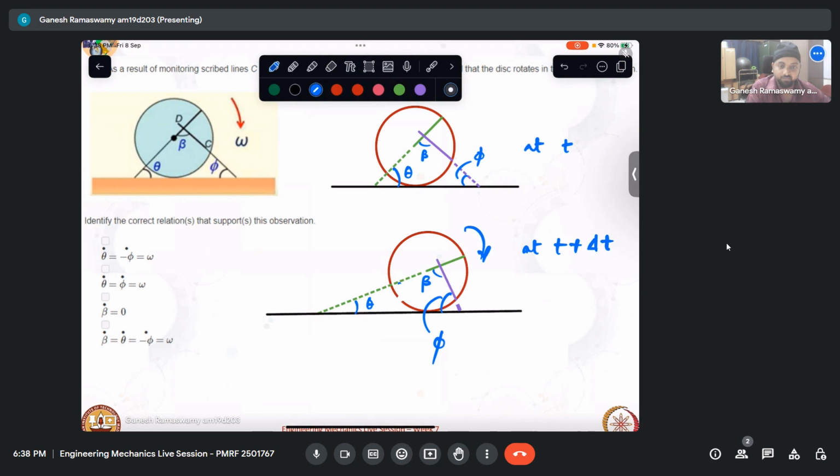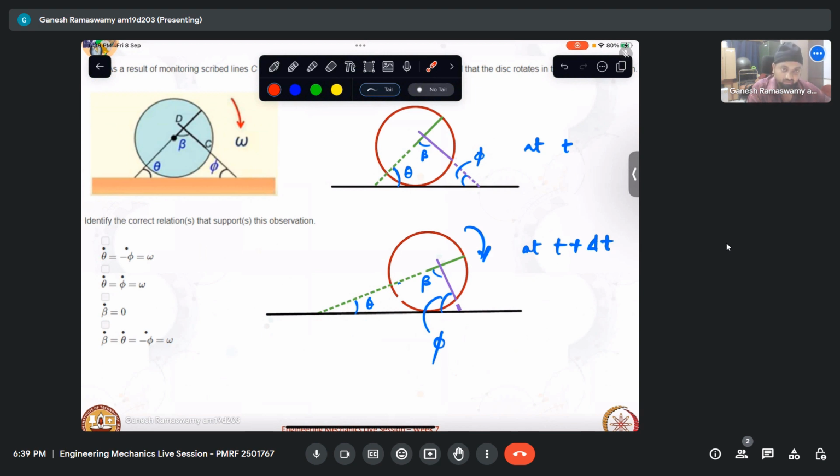So I can see that theta was initially more, which became less now. And as for phi, phi was actually less and it has become greater now. If this was some 60°, it has become greater than 60 upon rotation. So essentially the nature of this and the nature of this is opposite. So if I take this to be positive, then naturally phi has to be negative.